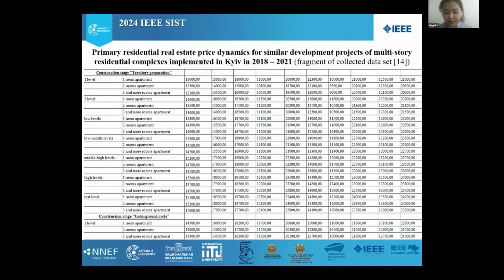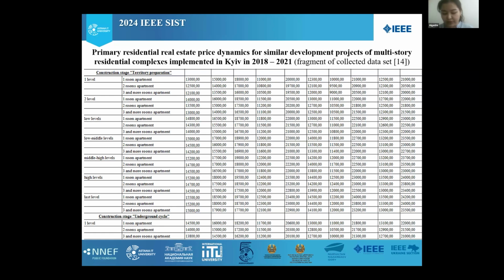Therefore, for the purpose of conducting marketing analysis and researching the price policy and approaches to real estate price management of various development companies, a sample of primary residential real estate prices during the implementation of selected development projects was collected.